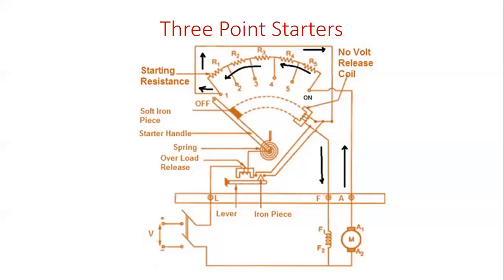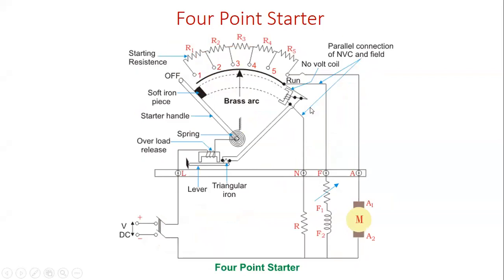That may damage the load connected to the motor. To overcome that, we need another terminal so that the field winding is connected separately. It should not be connected to the no voltage release coil in series. So for that, we go for the 4-point starter.